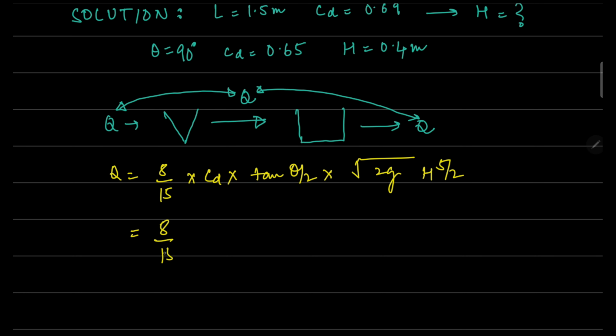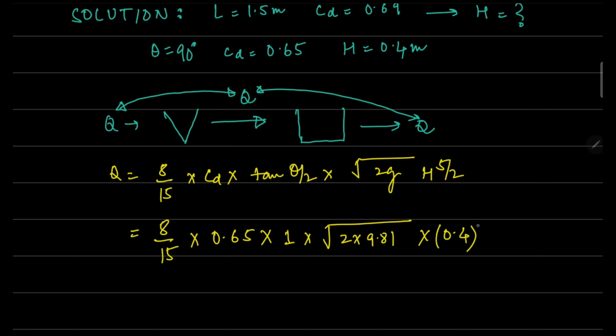So it is 8 by 15 multiplied by CD, 0.65, tan theta by 2, that is 90 by 2 is 45, tan 45 is 1, and then under root 2g, 9.81, and h is 0.4 raised to the power 5 by 2. So this Q value comes out to be 0.1554 meter cube per second.